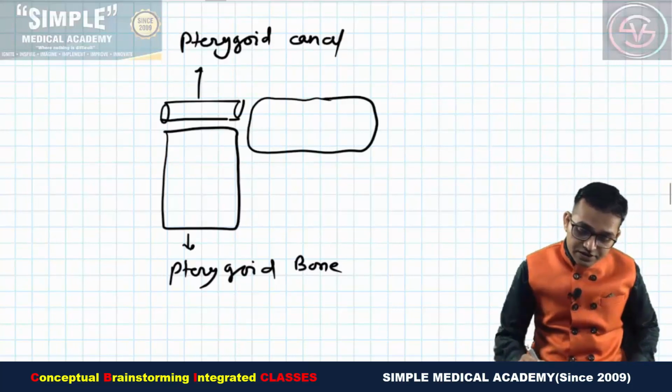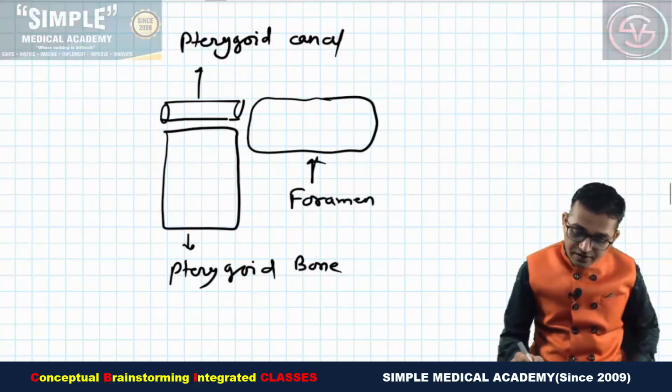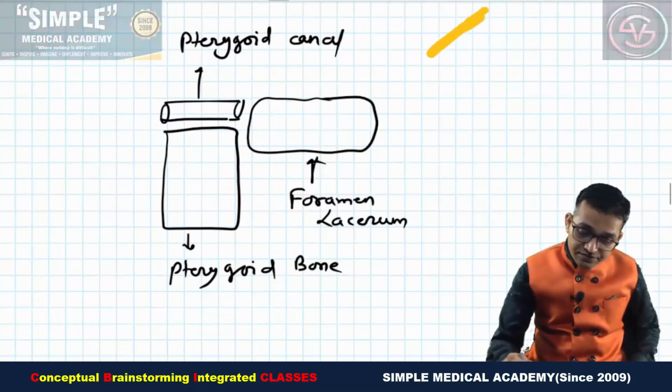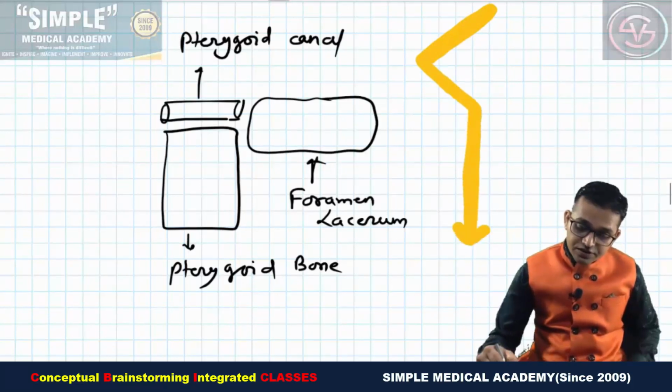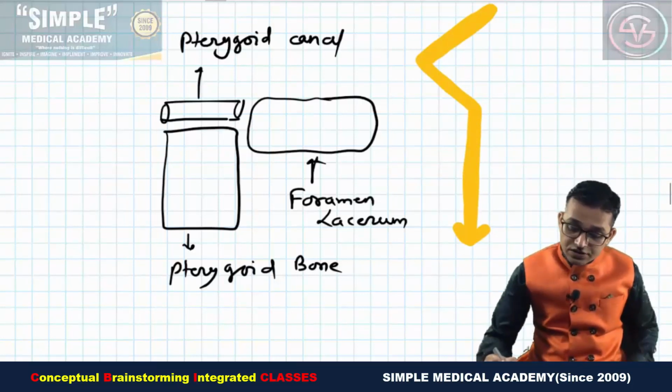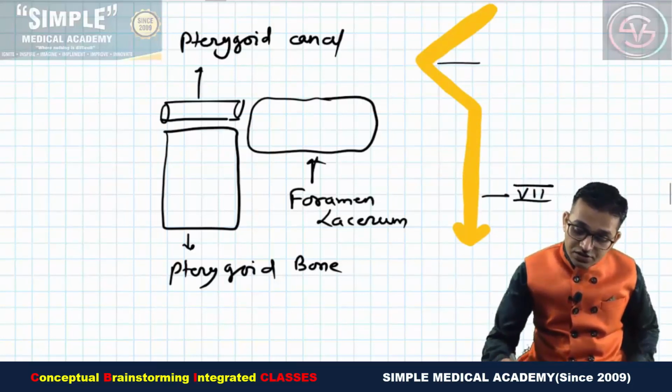Okay, diagrammatic presentation. Suppose this is the foramen lacerum. Now see here, there is the facial nerve, which has a horizontal part, then an oblique part, and then a straight part. It goes down, passing through the stylomastoid foramen outside. So this is the facial nerve. This turned part is known as the genu.